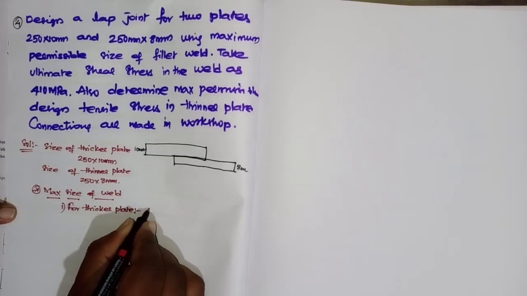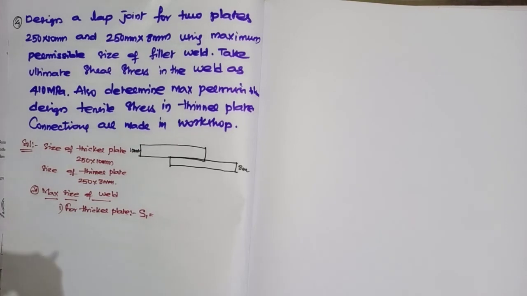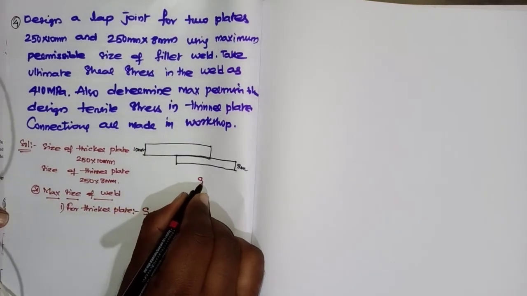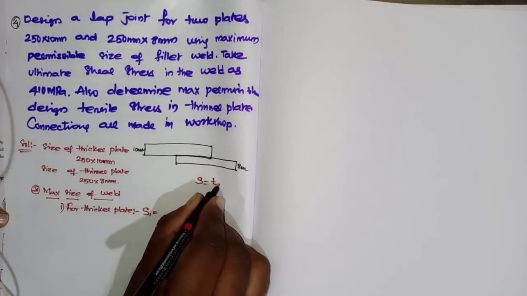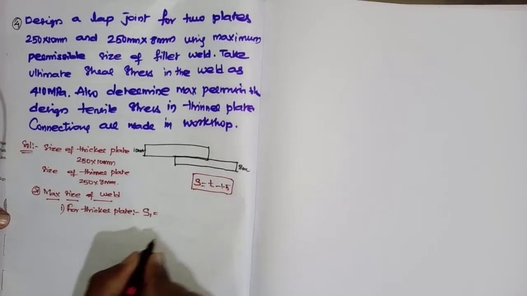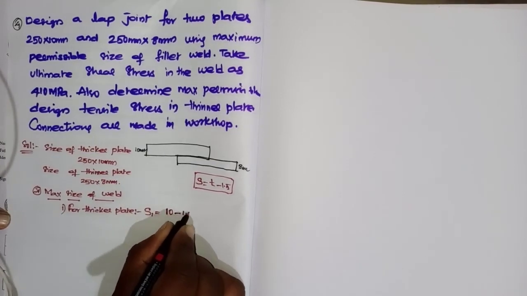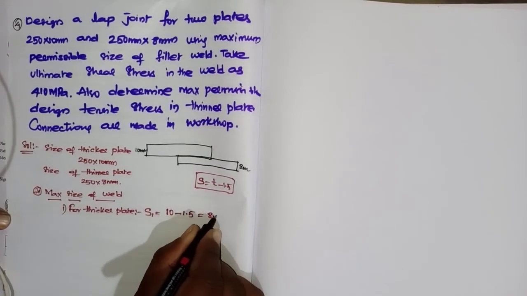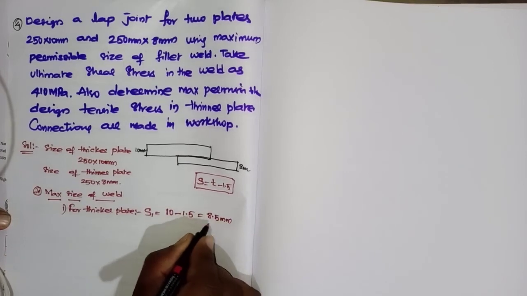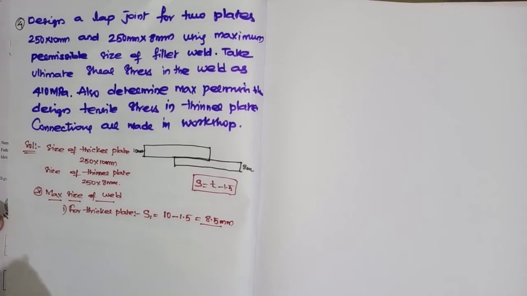I consider this as S1, which is equal to, now see here, what is this? For square edge, generally the formula is thickness minus 1.5. So S1, what is the thickness? 10 mm minus 1.5, means you have to design directly for this one, you don't need to round up.